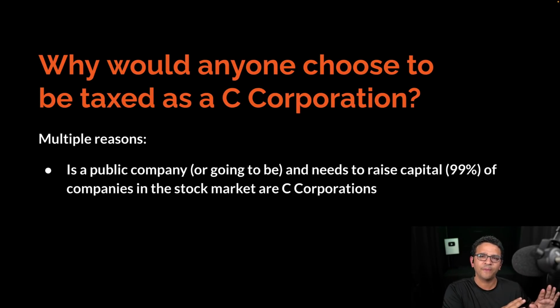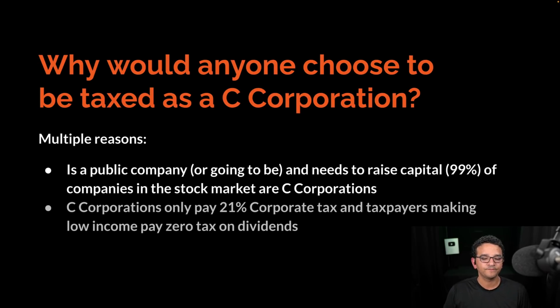Now, even though the corporation pays tax, most investors in corporations never really even see how much tax corporations pay. The only thing they see is, when I get my dividend, how much tax will I pay? So this being the best vehicle with the lowest preferred tax rate for investors, this is the preferred choice, C corporations, when you want to raise capital.